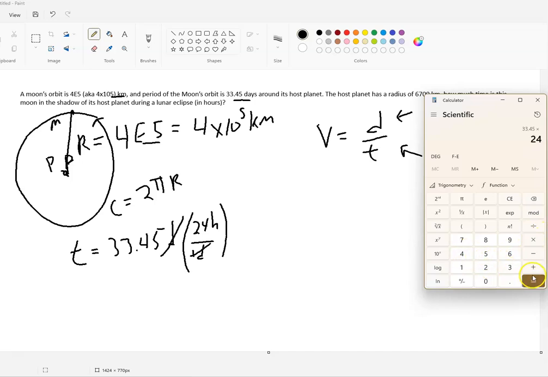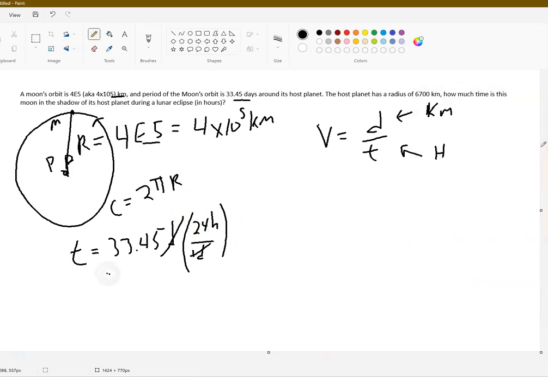This is going to be the number of hours for the moon to go all the way around its planet. So it's 802.8 hours. Let's write that down.